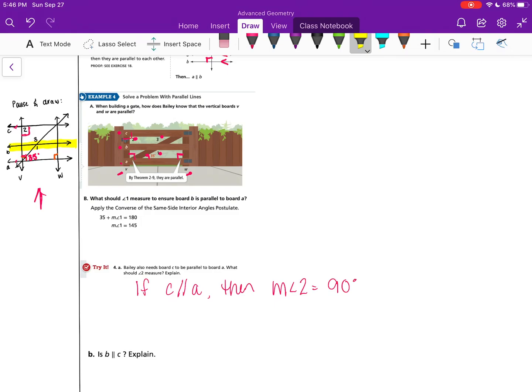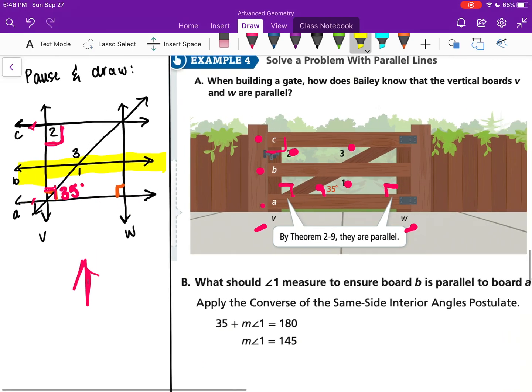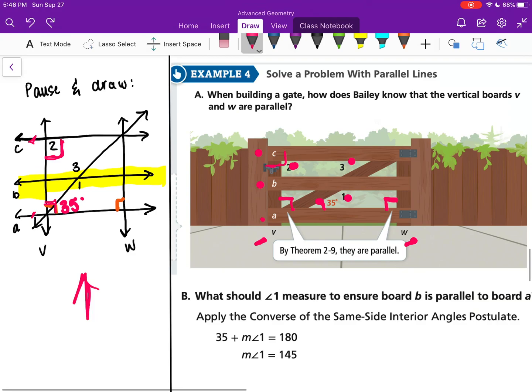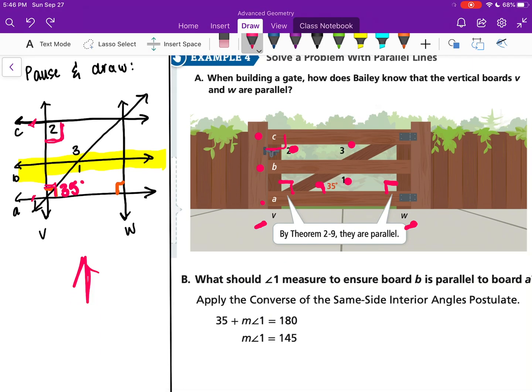Is there any information we have that we can prove that this horizontal line B is parallel to our horizontal line C? We don't know if there are right angles here, like we don't know that for sure. That would be really helpful information. We have this transversal, and if they were two parallel lines, then we could know things about their angle measures, but we don't know enough angle measures right now.